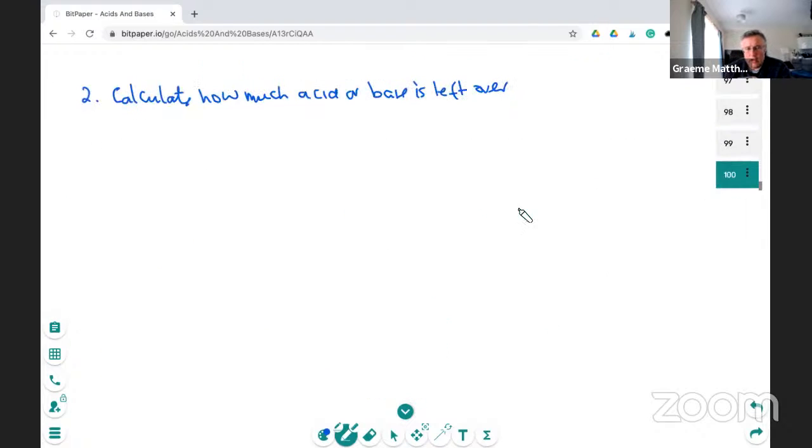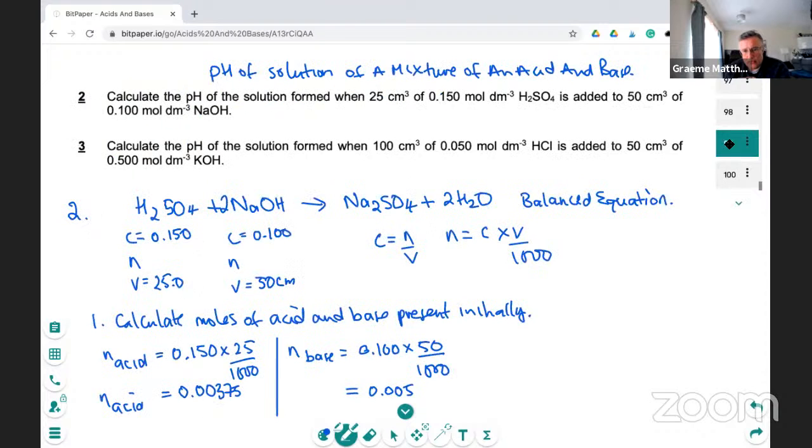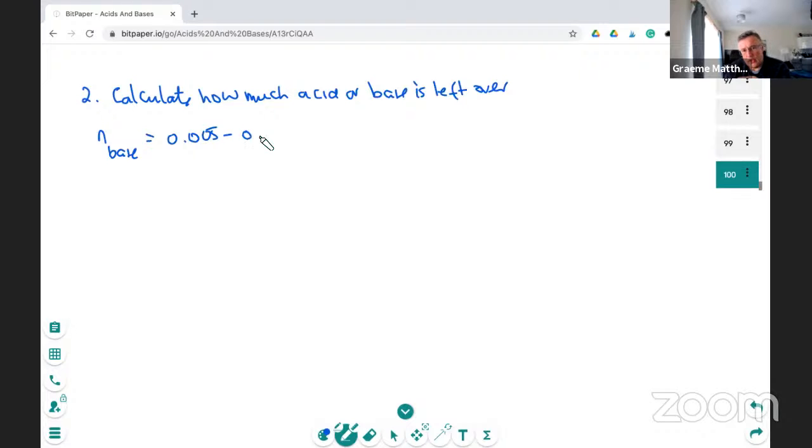The moles of base left over is 0.005 minus 0.00375, which gives 0.00125 moles of base left over.